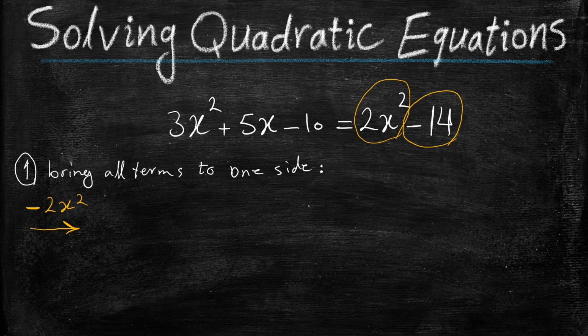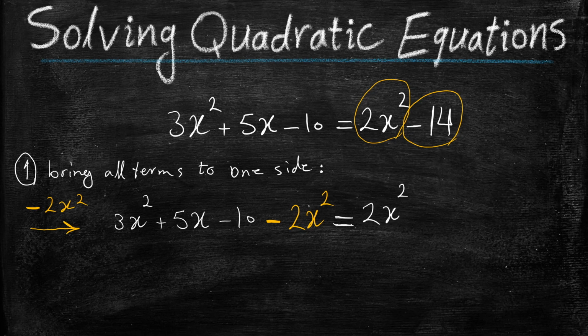And look what happens if I do that. I have 3x squared plus 5x minus 10 on the left hand side, and I subtract 2x squared. Now I have to do the exact same to the right hand side: 2x squared minus 14 minus 2x squared.